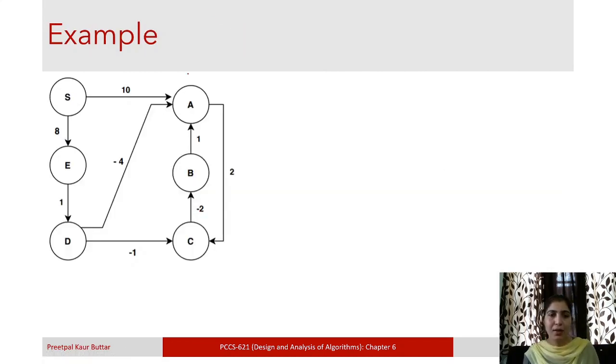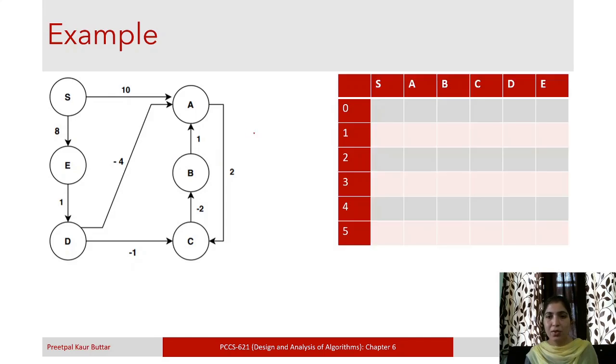Okay, so let us run the Bellman-Ford algorithm on this graph. This graph has 6 nodes and 8 edges. Some of the edges have negative weights, like this edge from D to A, this edge from C to B, and this edge from D to C. But this graph does not contain any negative cycle.